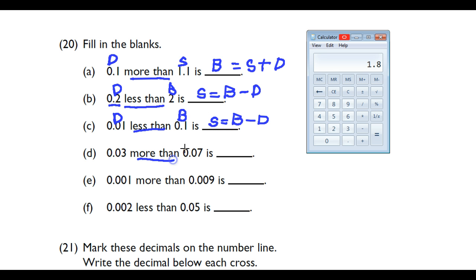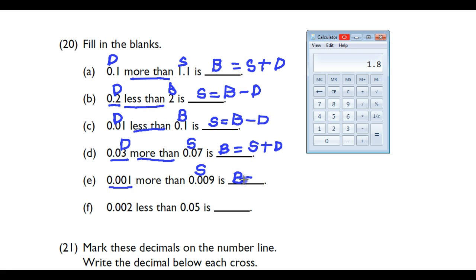Now more than a small number, this must be the big number. This is the difference, D. So big number is actually small number plus difference. You can see this is similar to the one on top. The concept is always the same. More than a small number, this one must be the big number. This is the difference again.